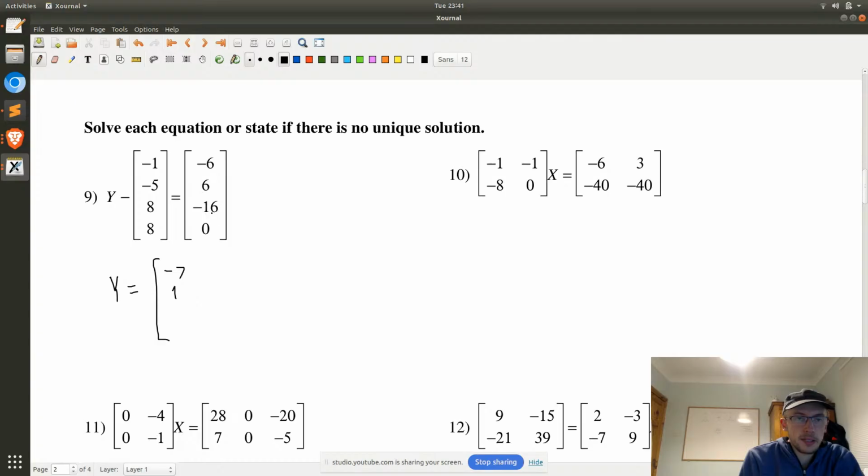Negative 16 plus 8 is negative 8. And 0 plus 8 is 8. Oh boy. All right. Just do it. Determinant 0.